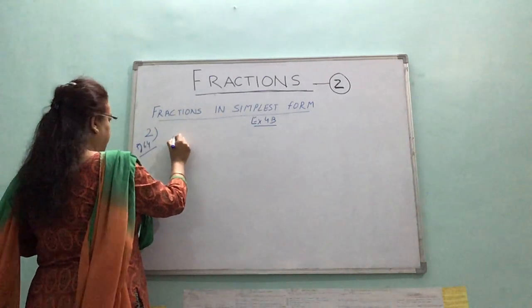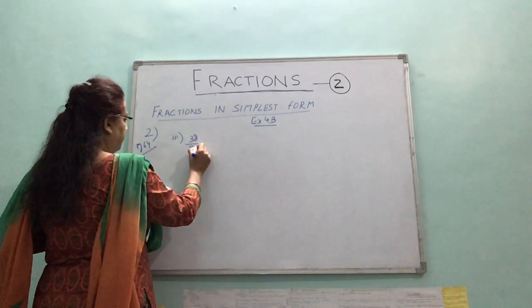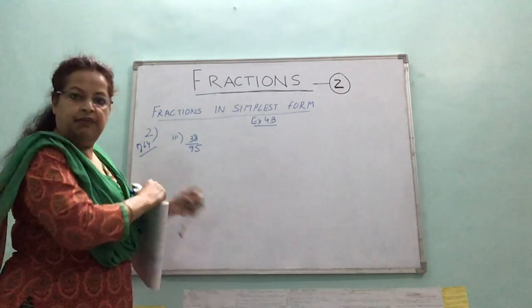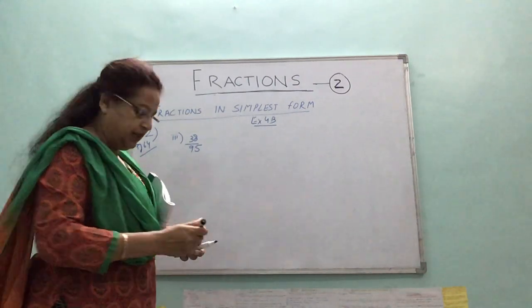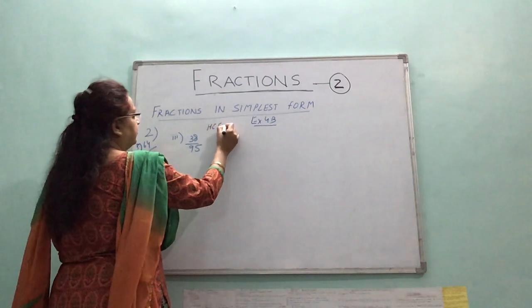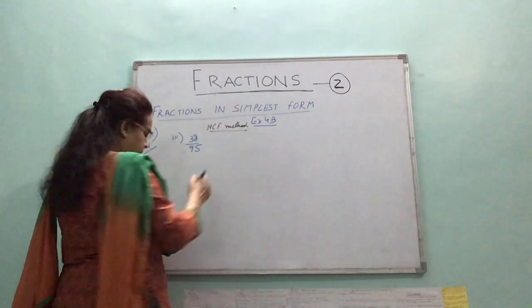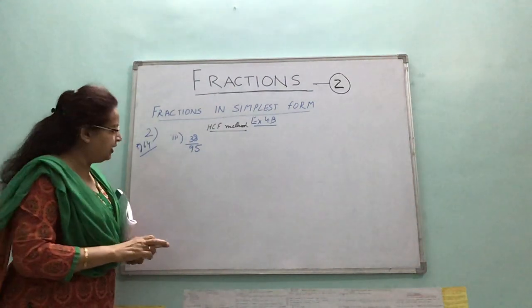To reduce to simplest form, third part, 38 and 95. I am writing the method which I use. There are 2 different methods. This is by the HCF method. To reduce to simplest form by finding HCF.